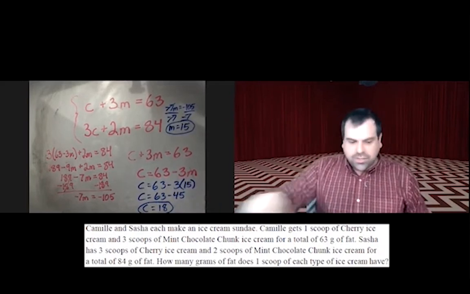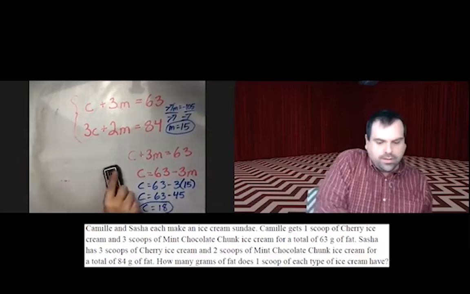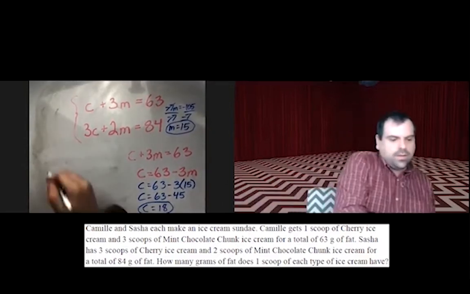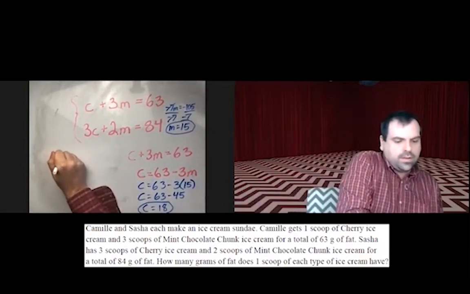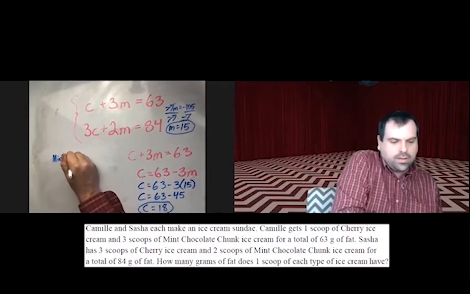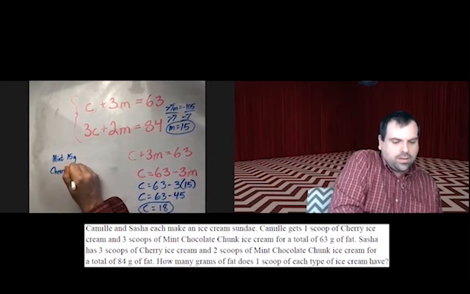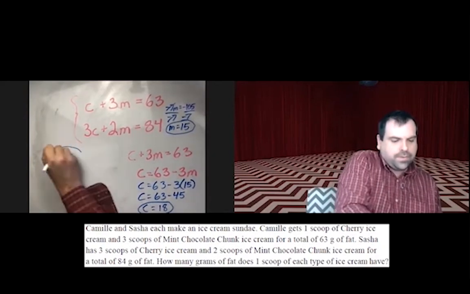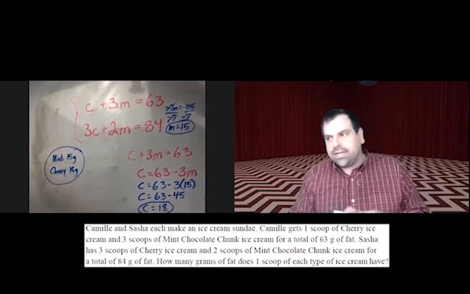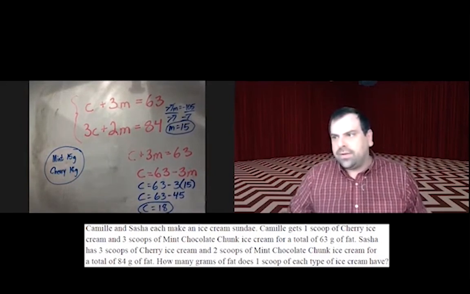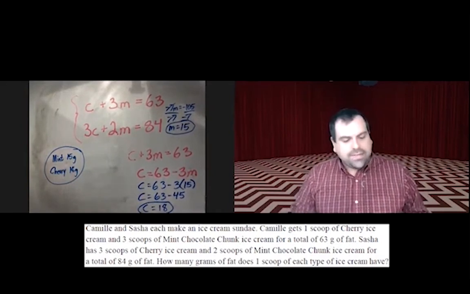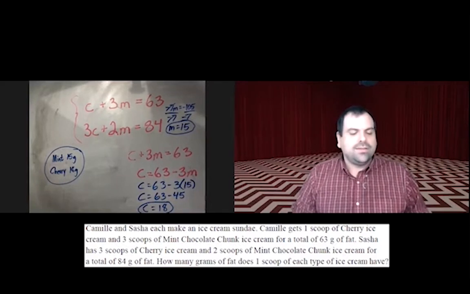So the cherry has 18 grams of fat per serving. The mint chocolate chunk has 15 grams of fat per serving.